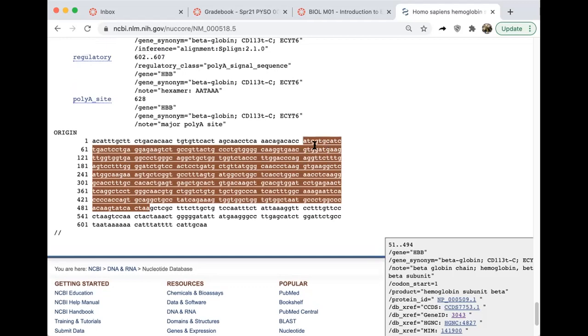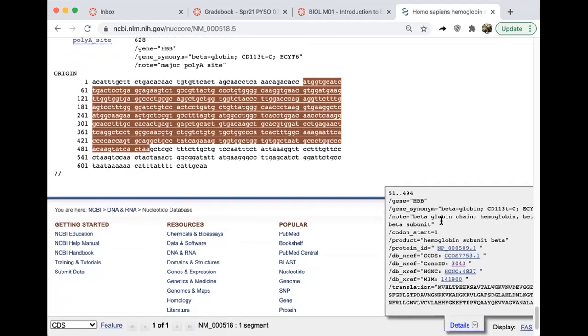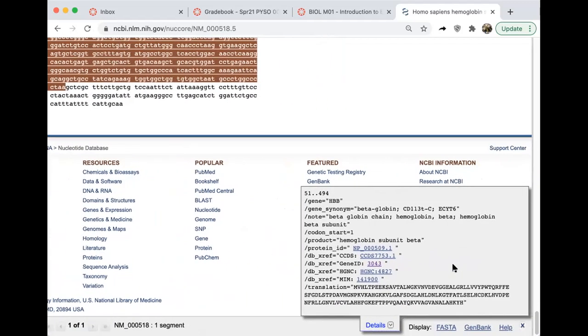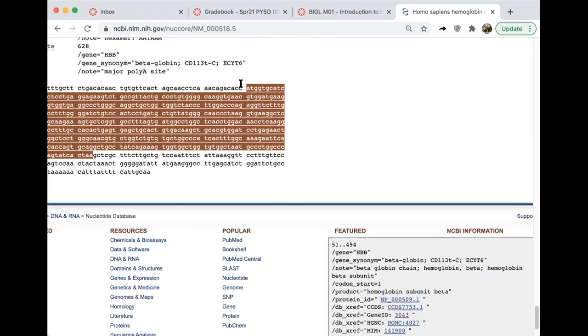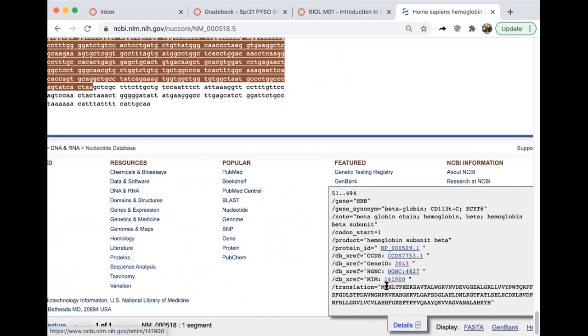So anyways, what's going to happen here is that this sequence here in brown is going to correspond to different amino acids, which are here. This is called a translation. Each of these stands for a different amino acid. So if we look here, ATG is going to correspond with the amino acid methionine.